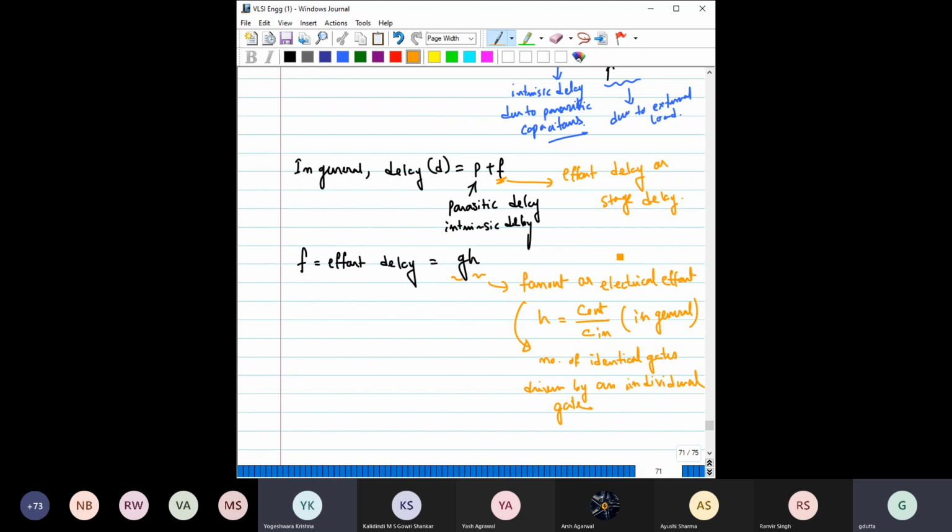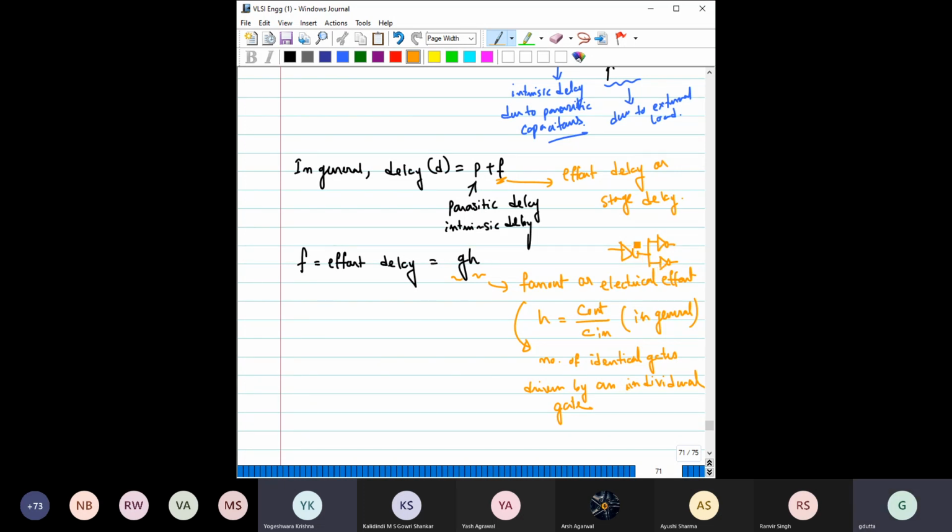Suppose you have one inverter driving two inverters, then the number of identical gates driven is 2, so this H, the fan out, would be equal to 2.